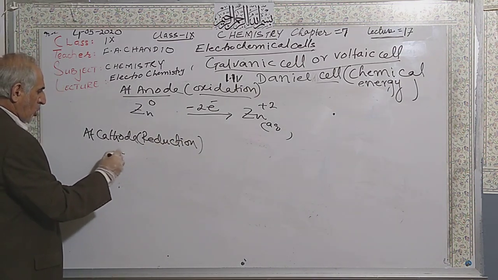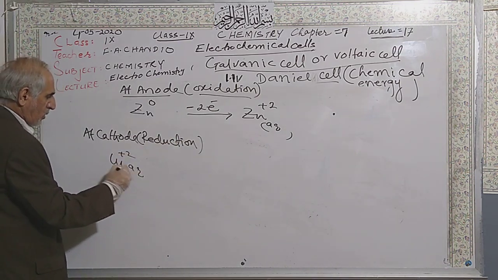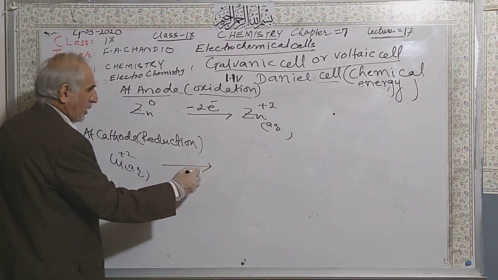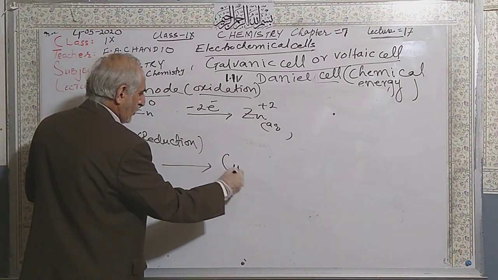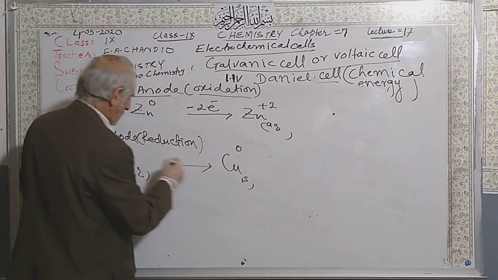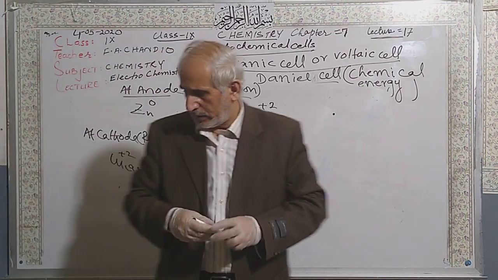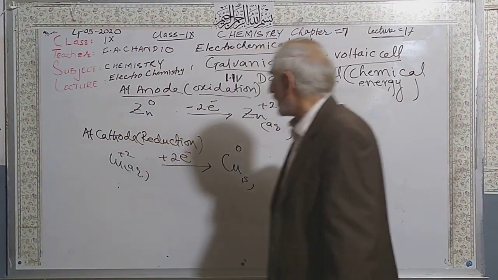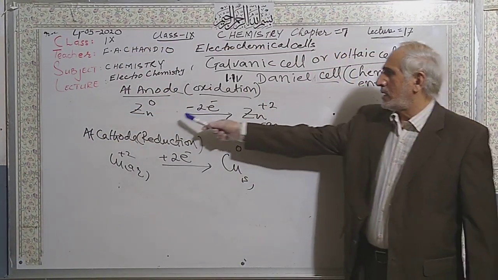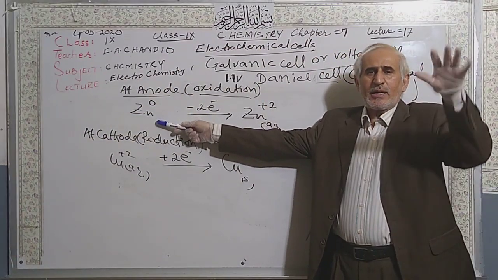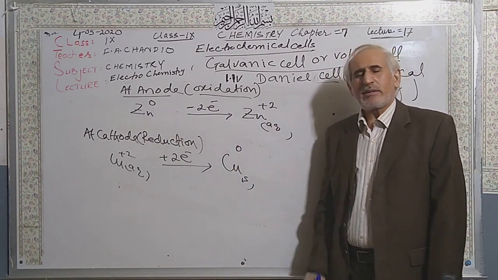So copper ions change into copper metal by the gaining of 2 electrons. Now these are the reactions. At the anode, zinc is going to be dissolved to make zinc ions.